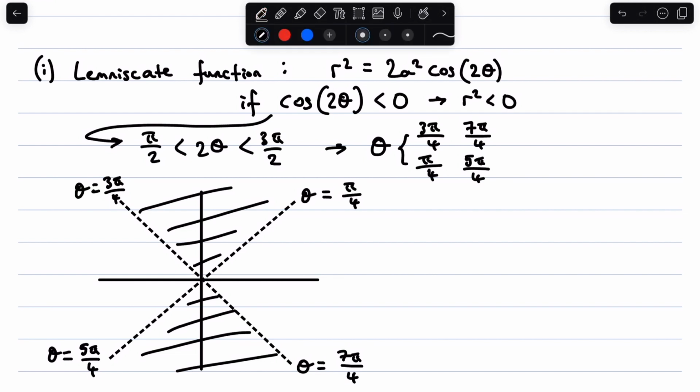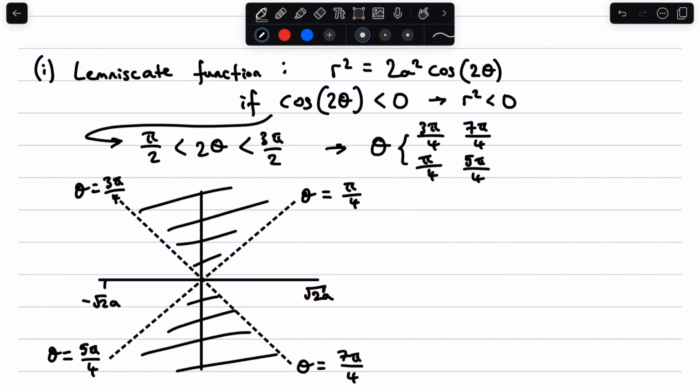Actually, if we look at what could be the maximum x value, but here it's going to be our maximum r value, and that will be when cos is 1. So r squared equals 2a squared, or r equals the square root of 2 times a, and down here will be minus square root of 2 times a.